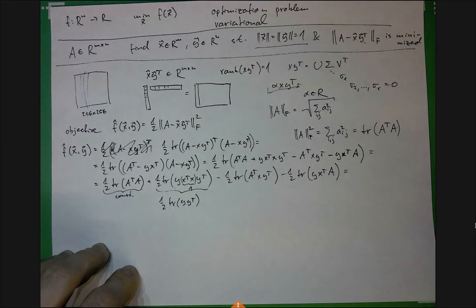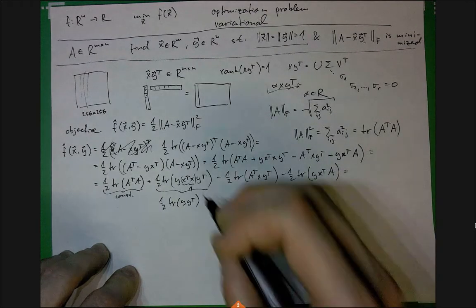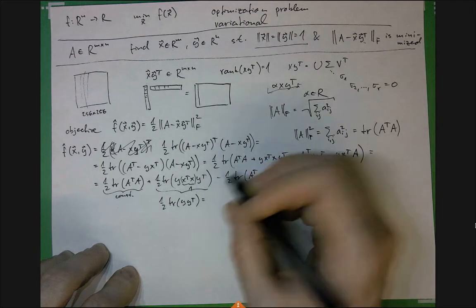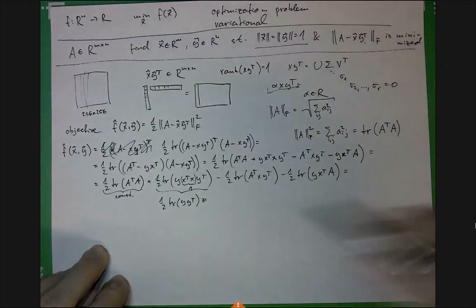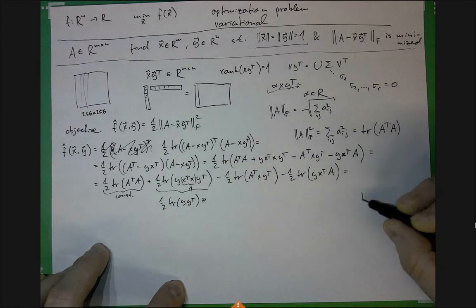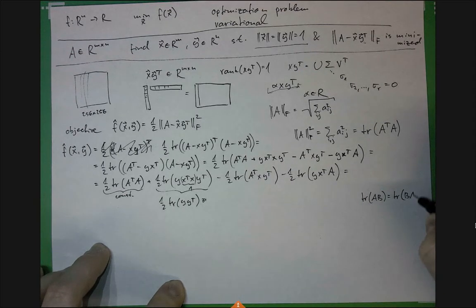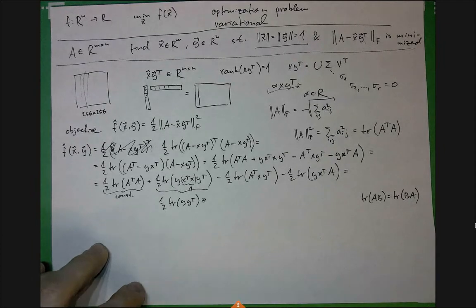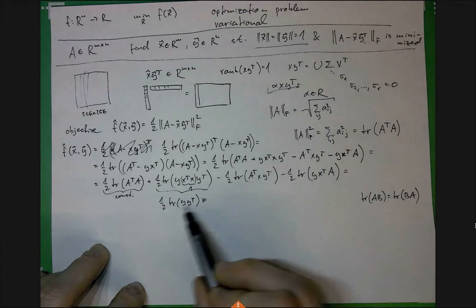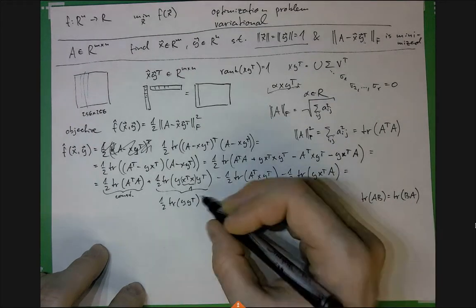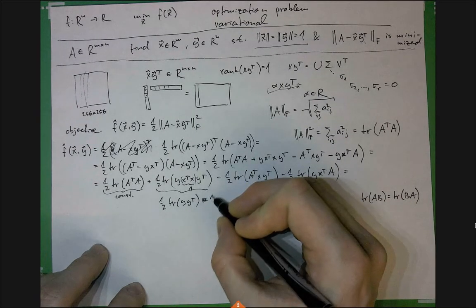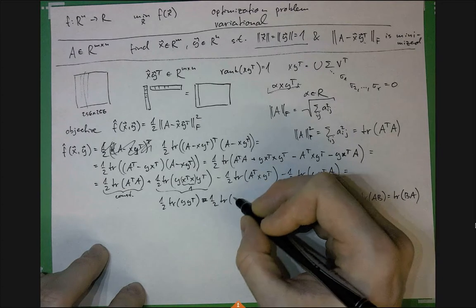And do you remember the cool property of the trace? So let me write it like here. The trace AB is the same as trace of BA, if the matrix multiplication makes sense. Which here it does, right? Here I have the outer product, and I can just say that this is the same as if I do YTY.